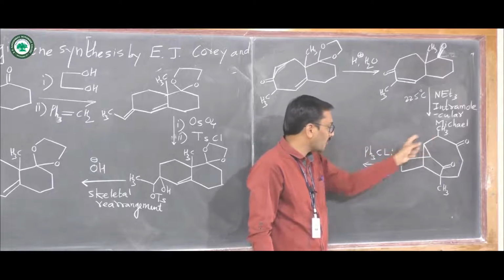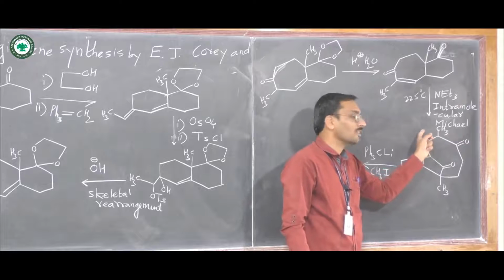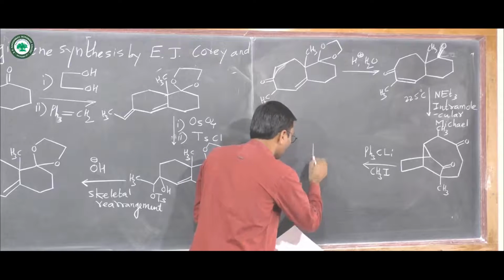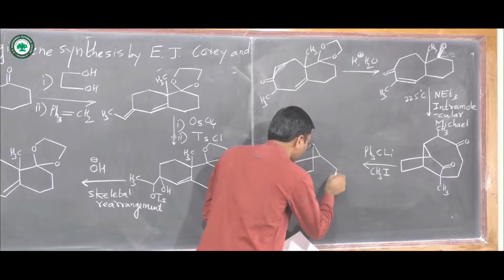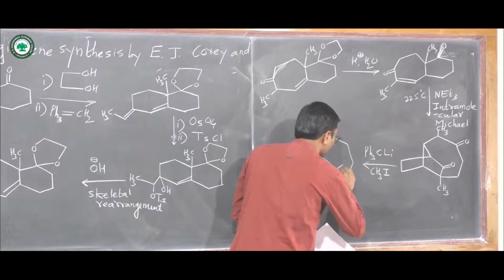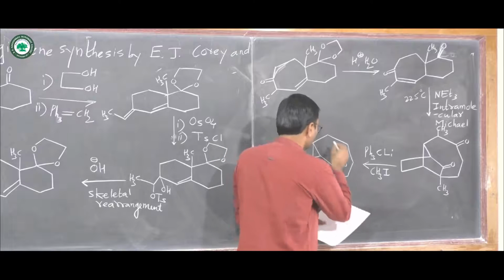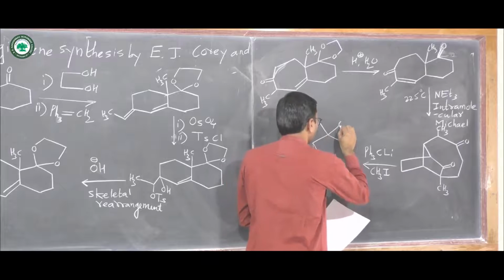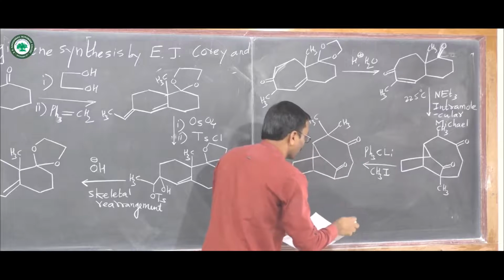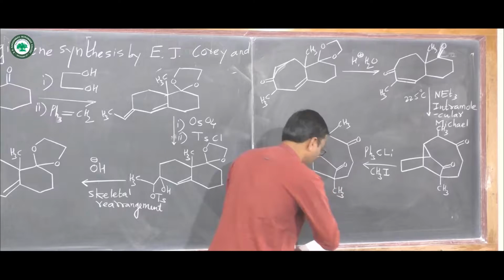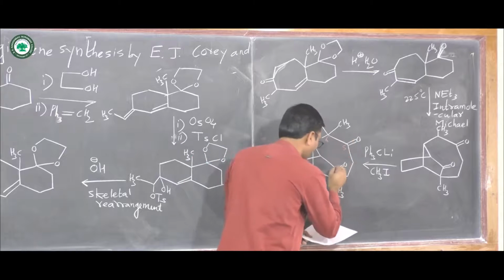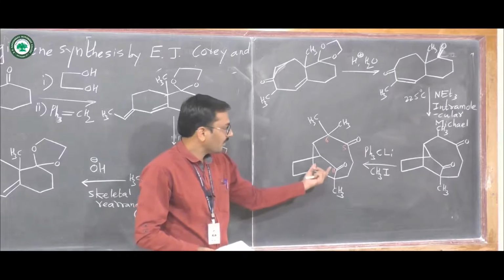So this carbanion reacts with methyl iodide and there is formation of a second methyl group at this particular position. So we have this type of structure.